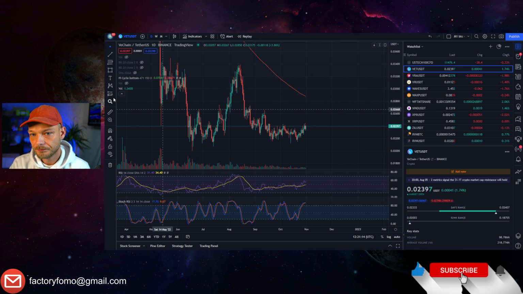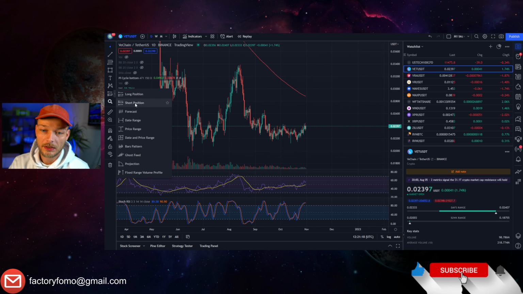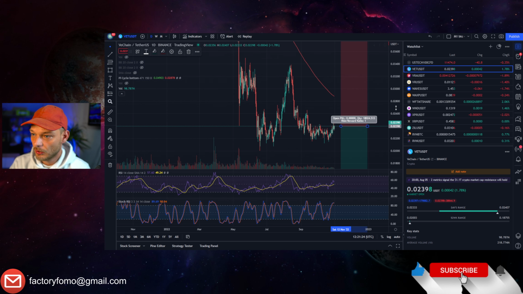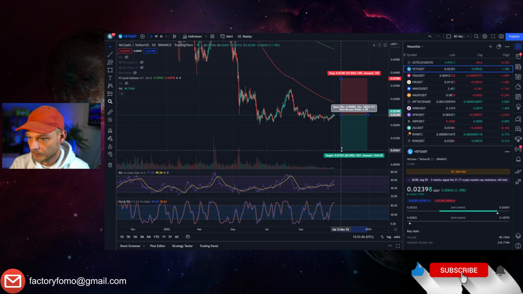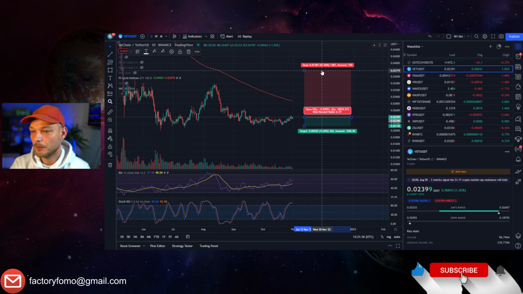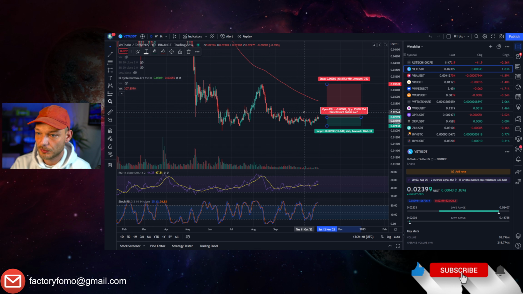What you can do here is click short position, put it here, and take it all the way down to where you want it to go. Now, where could it go if it breaks out of this range?